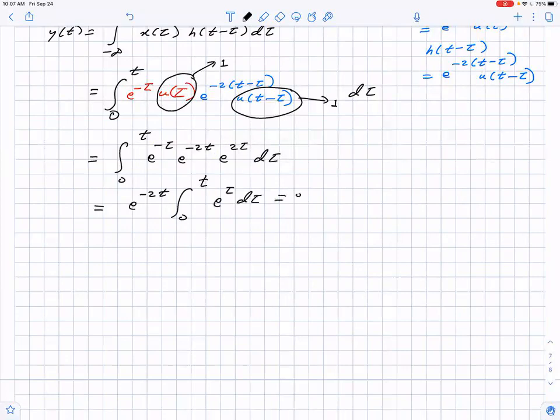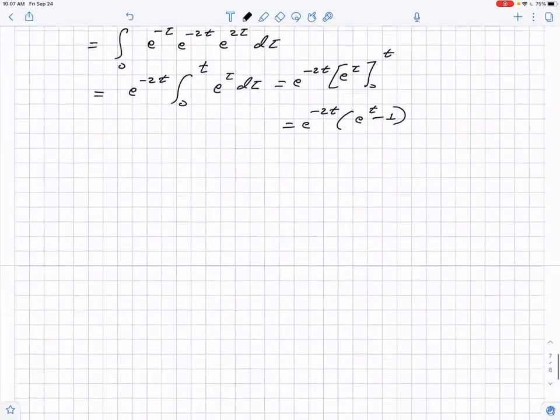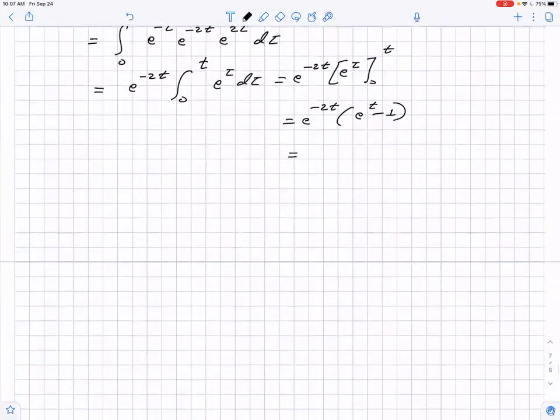And if we do the integral, now we get e to the tau, and the integral limits are 0 to t. Applying those limits, we get e to the t minus 1. And distributing the outer exponential, we get e to the negative t minus e to the negative 2t.